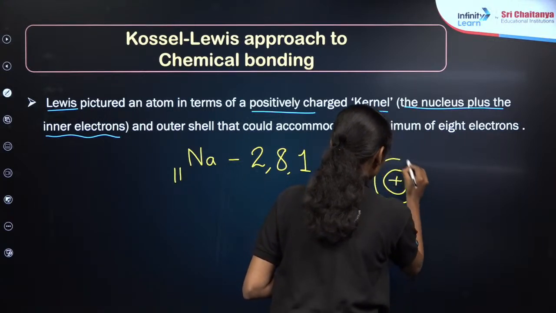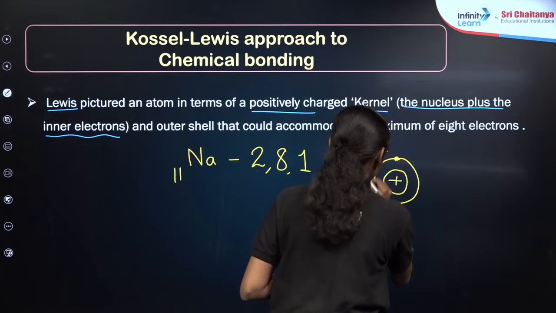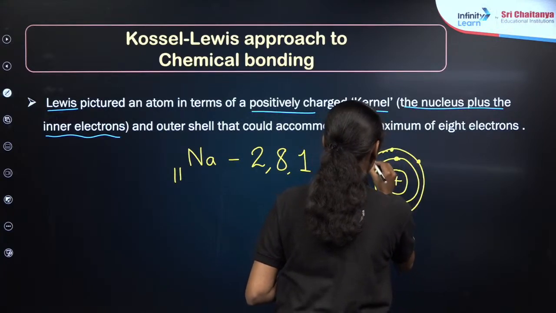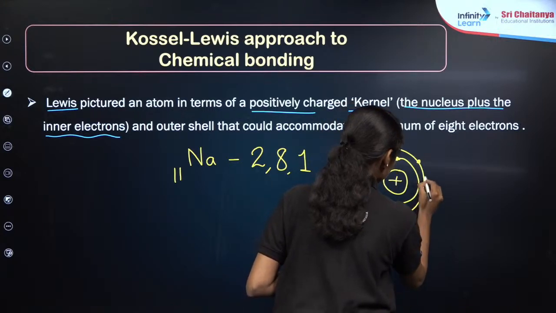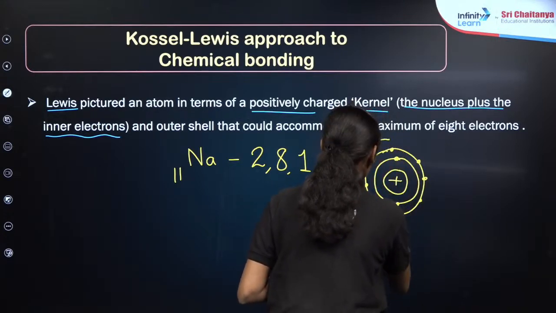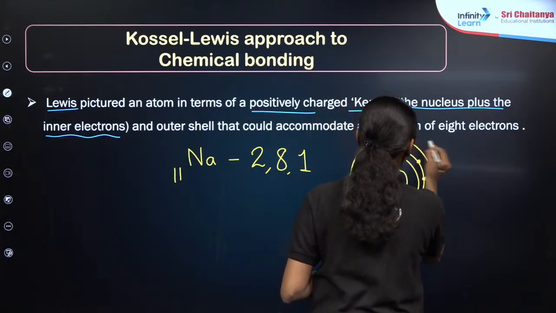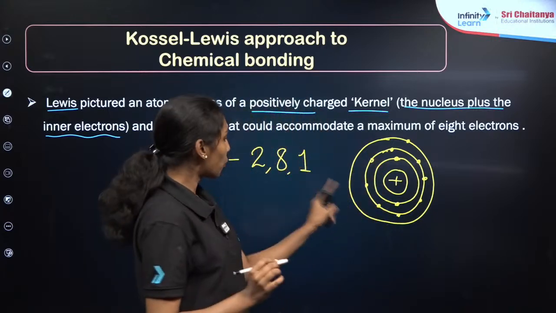This will be our first shell having 2 electrons. Then in the second shell, it has 8 electrons: 1, 2, 3, 4, 5, 6, 7, 8. Then the last electron, found in the outermost shell, is known as the valence electron. So this will be the structure of the Na atom.